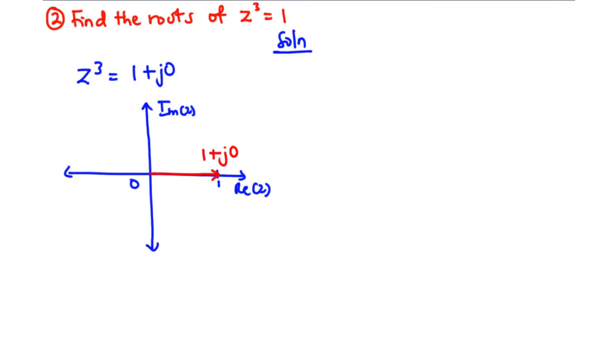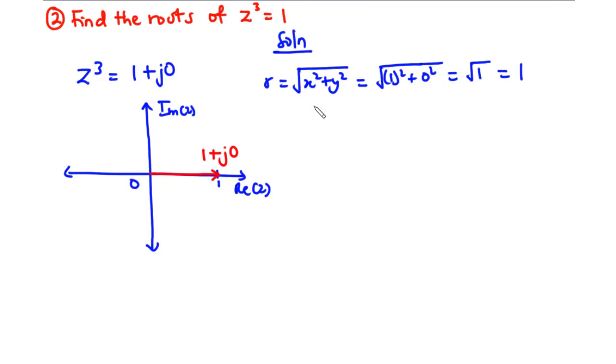Next, we are going to find the values of r and then theta. So we have r equals the square root of x square plus y square. So that becomes 1 square plus 0 square, and that is equal to the square root of 1, and that is 1. So we have r equals 1. Now it is obvious that the value of theta is equal to 0 degrees, and we know that 0 degrees is the same as 0 in radians.